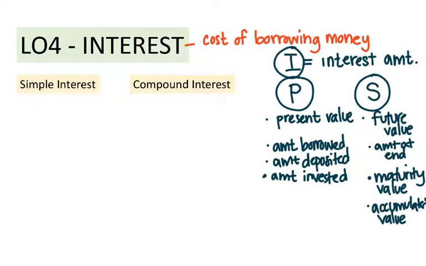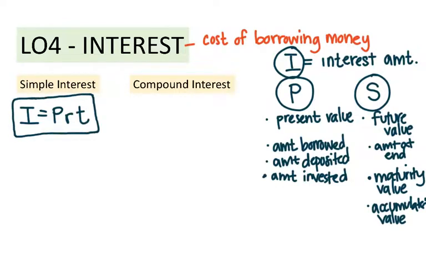Okay, let me give you the simple interest formulas that we'll use a lot. I equals PRT. The interest equals the principal, the starting amount, times the rate, times the time. So here is rate, here is time. One thing I want you to notice though is that time is always going to be in years.